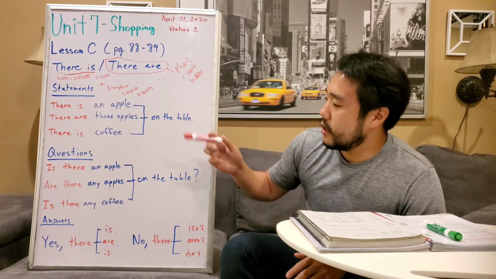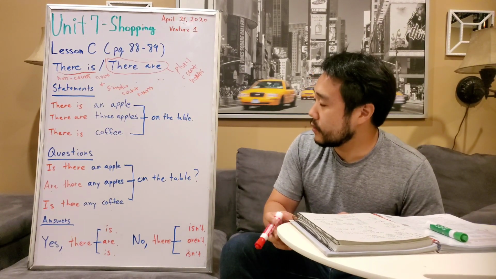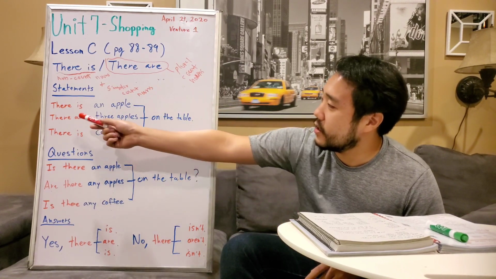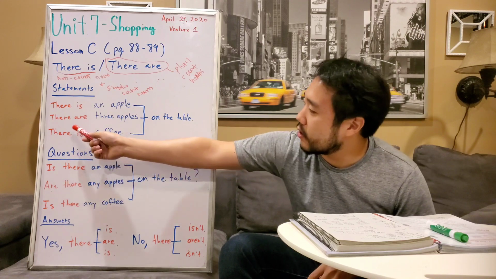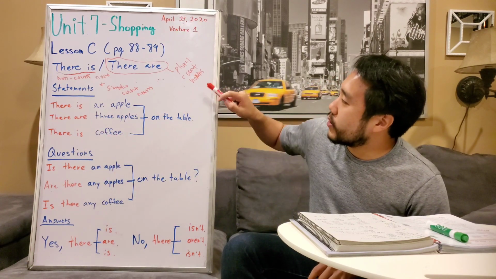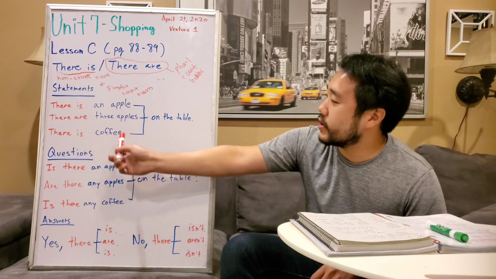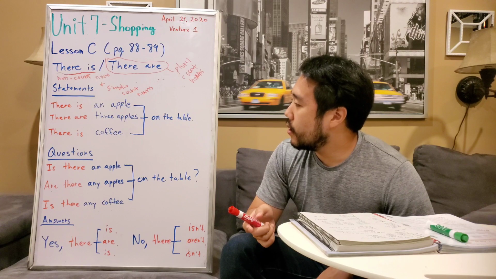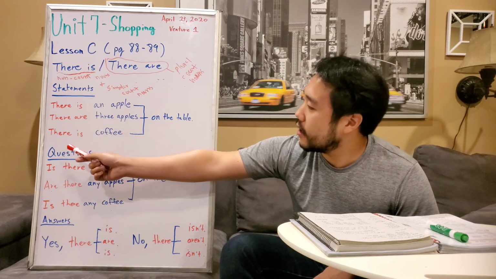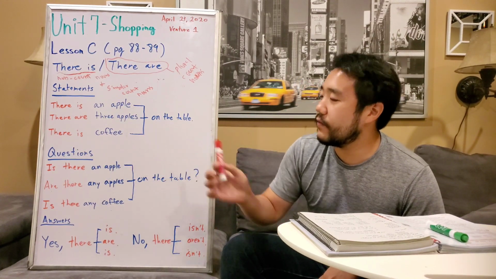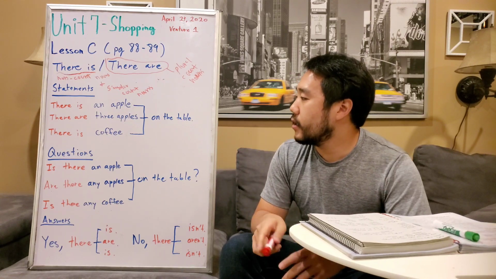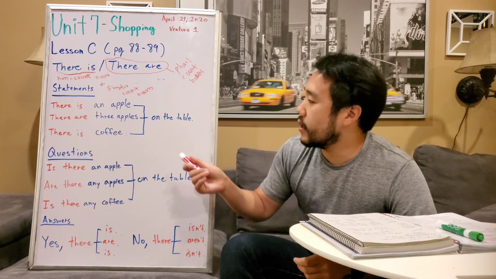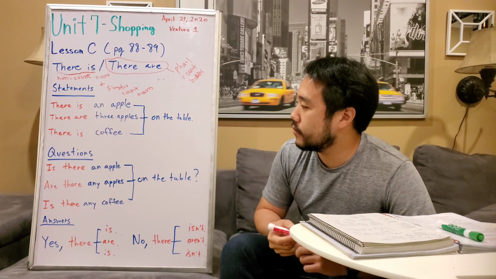Apple is something that can be counted, and right now it's in singular form, so we can use "there is." And for "there are," we can only use plural count nouns, so we can say 3 apples, right? And finally, there is coffee on the table. Coffee is a non-countable item, or non-count noun, so we just say there is coffee on the table.